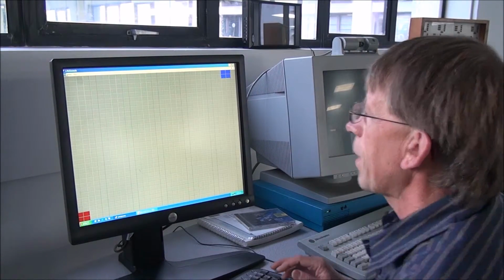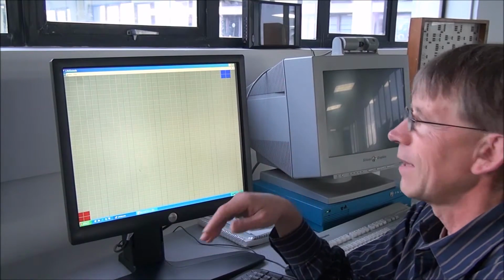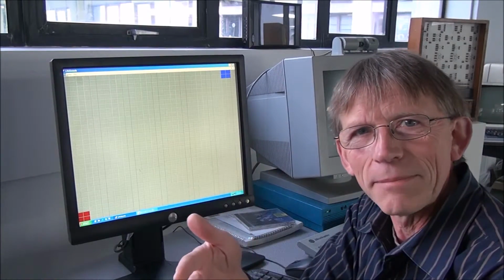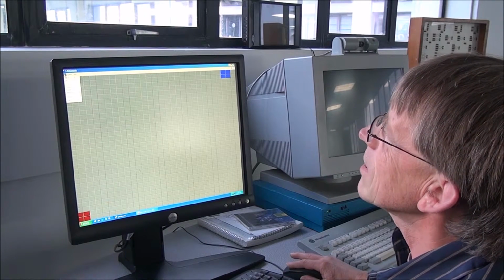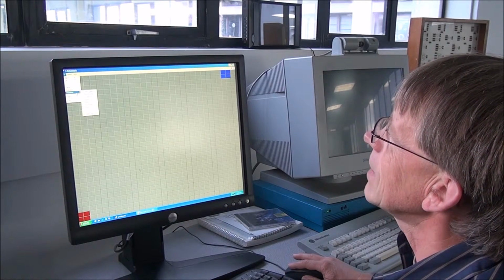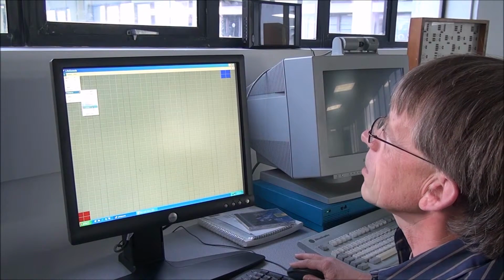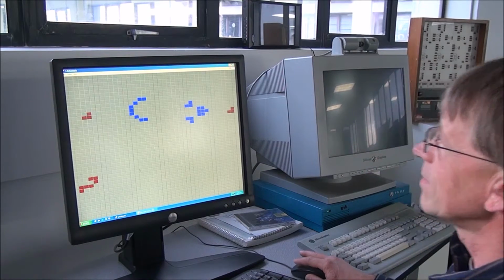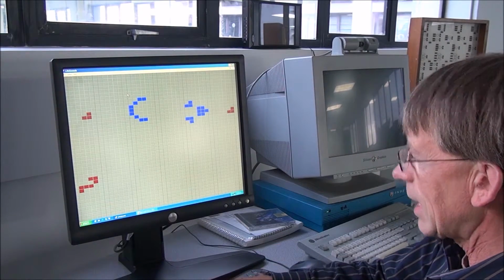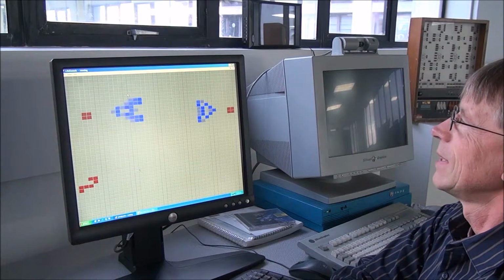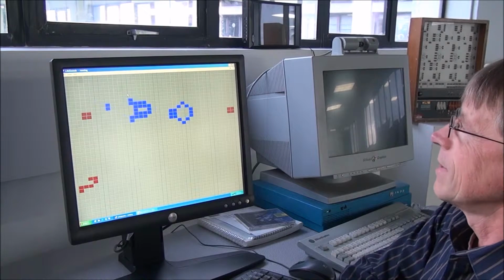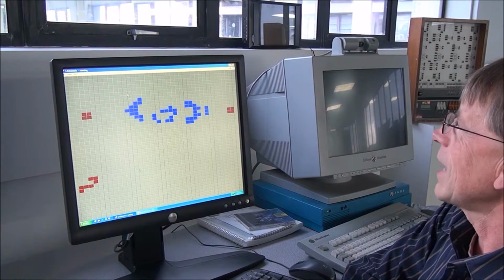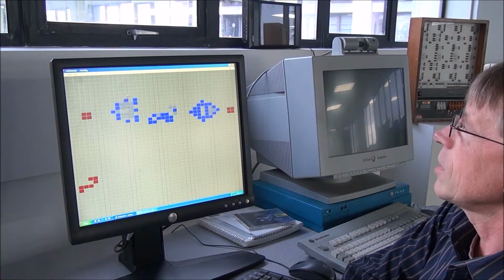You may ask, are there also generations that may recreate themselves? Well, we also have those. This is, for instance, called a pattern, and another one is called the glider gun. Let's start this one here. So the glider gun is living in itself, but what it also does is reproduce something.